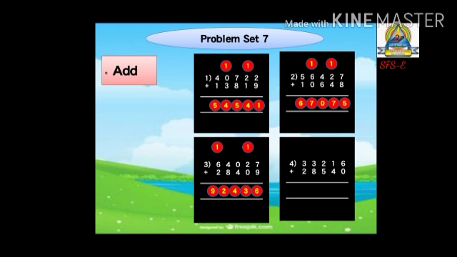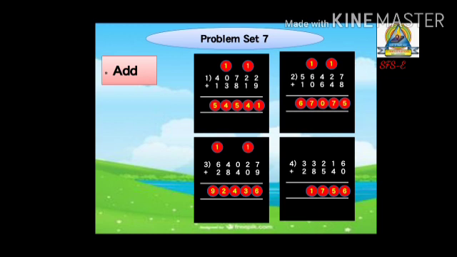And the last one is 33,216 plus 28,540. Again we are going to add from units place. Units to units, tens to tens. Like that we add. 6 plus 0, 6. 4 plus 1, 5. 5 plus 2, 7. 8 plus 3, 11.